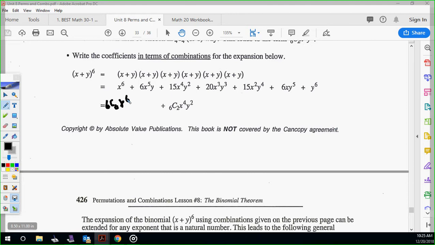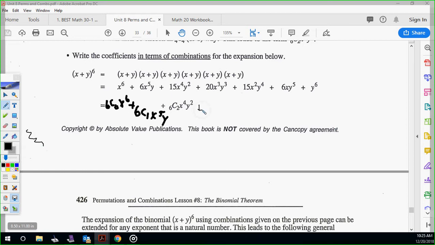It's kind of hard for me to write this in here. We can make it a little smaller.